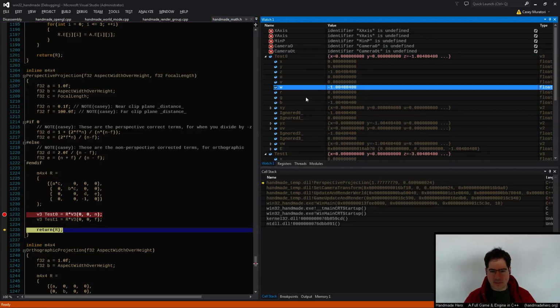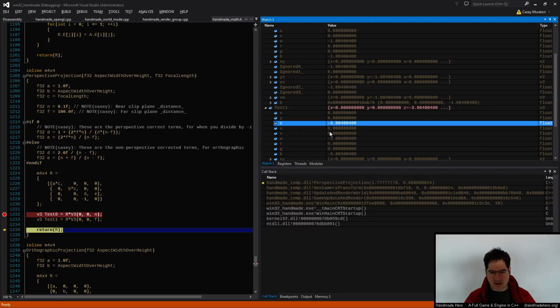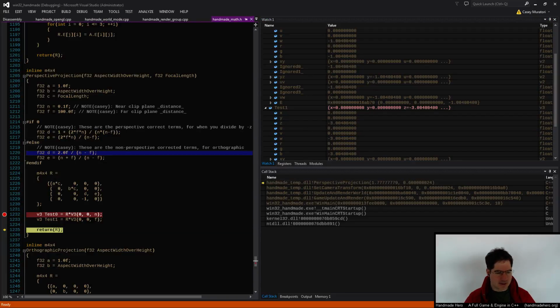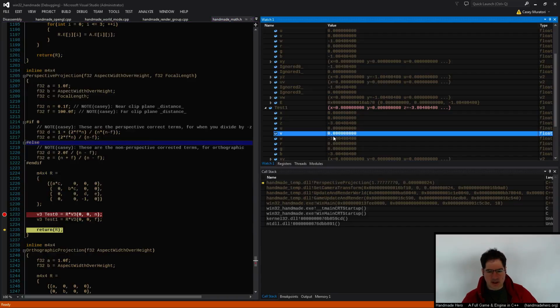So these are basically functionally equivalent in terms of the mapping, even with the divide by z, which makes no sense to me whatsoever. I mean, that is just strange, right?